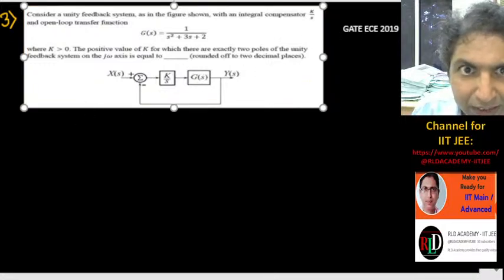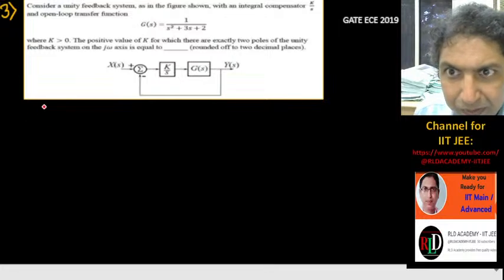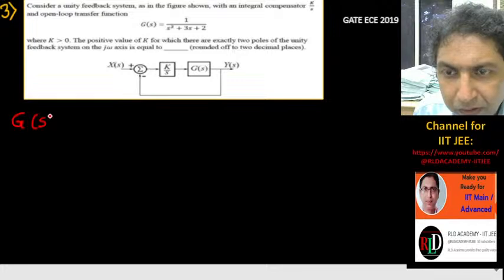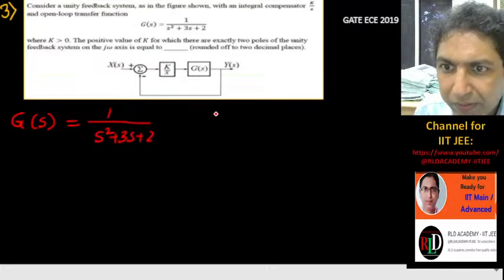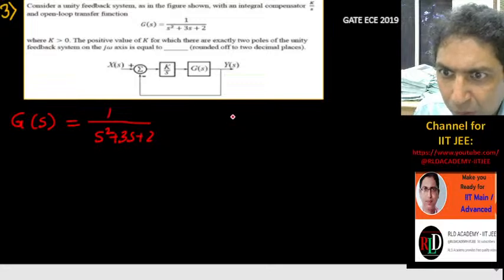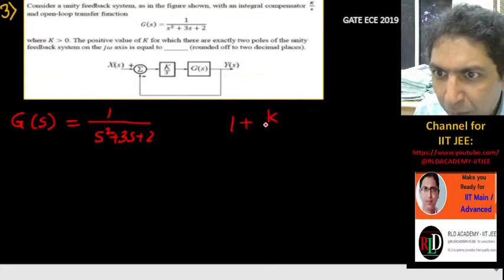Here G(s) is given as 1 upon s square plus 3s plus 2. So the characteristic equation is 1 plus k upon s times G(s).